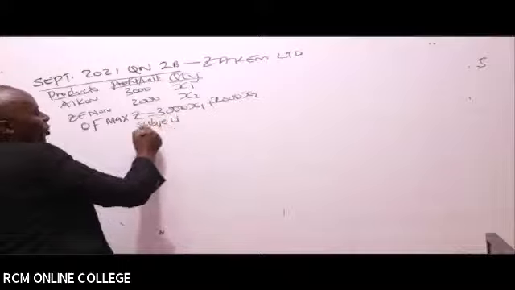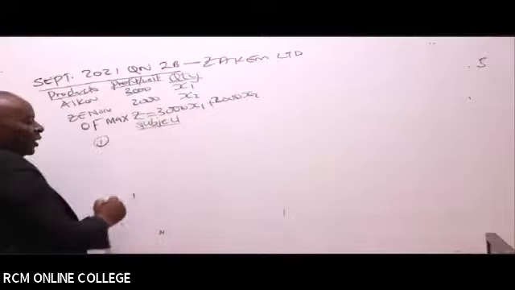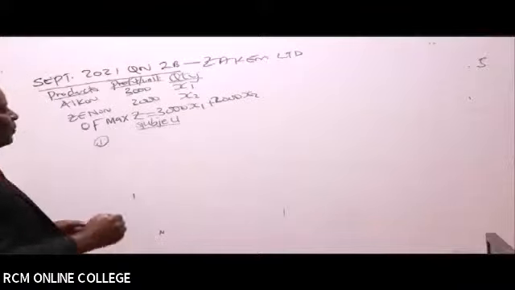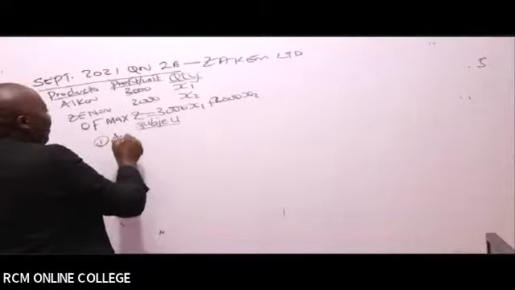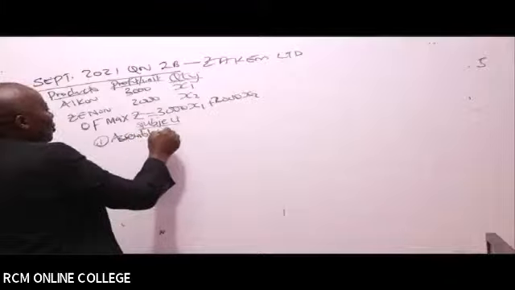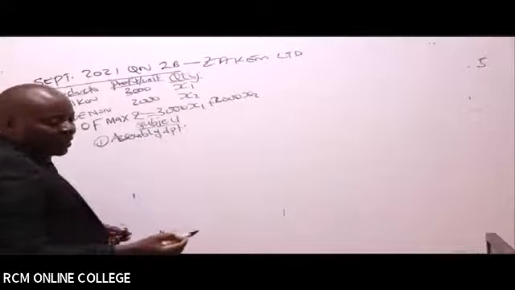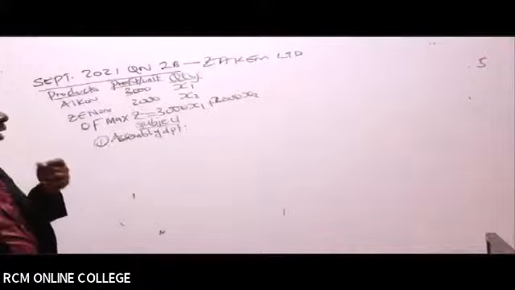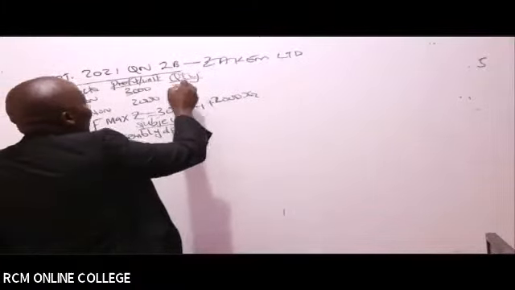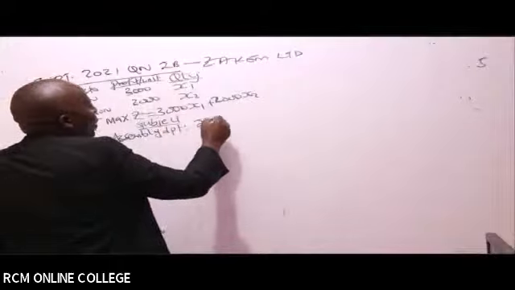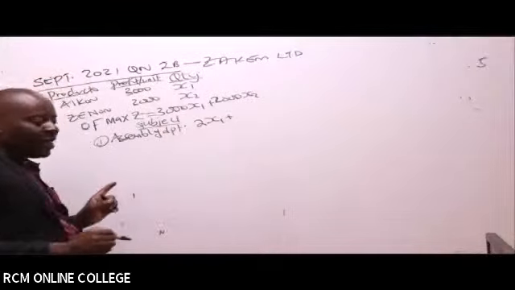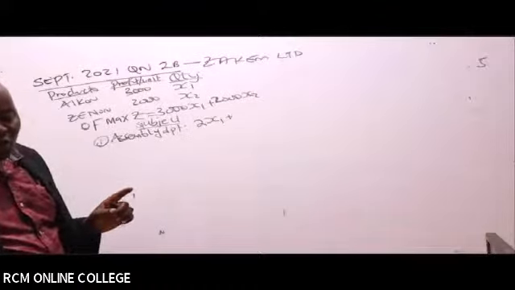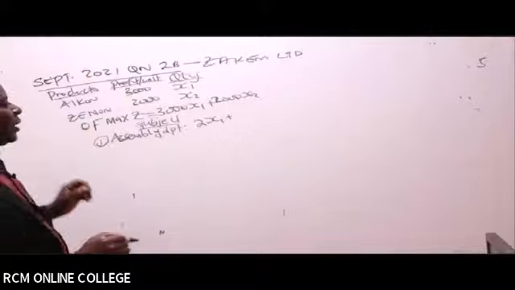The first constraint is the assembly department. We can see the hours. Alcohol, where I'm going to make x1 units, needs 2, so 2x1 plus, for xenon, the assembly is 3.